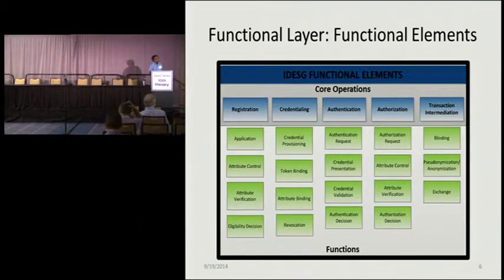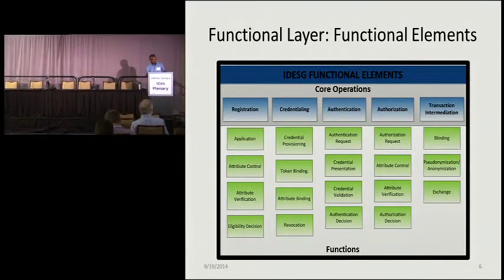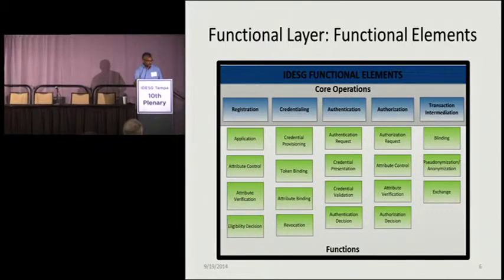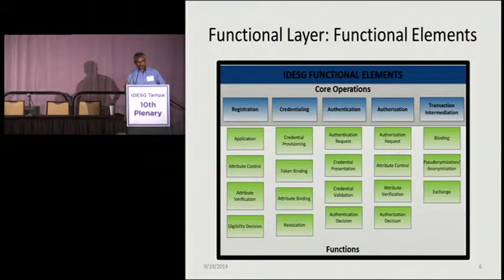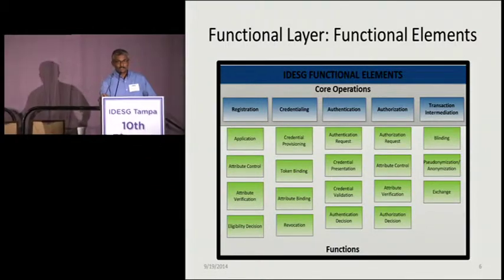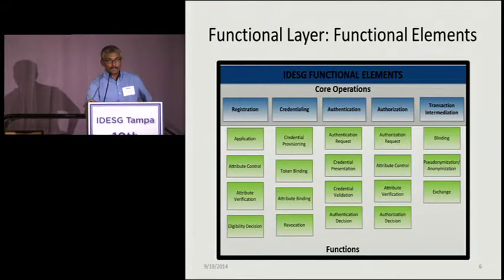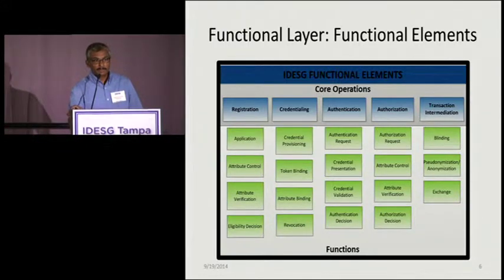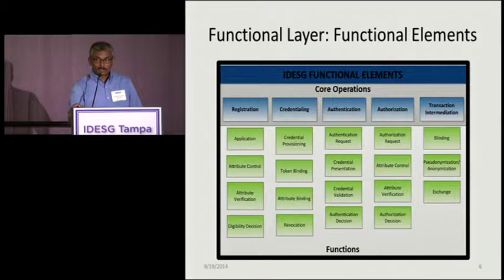Okay. Moving ahead. So what is shown here is that we identified the core functions, right? I mean, registration, authentication, authorization, and so on and so forth. These are a little abstract, a little high level. Probably there is a need to divide those into more granular functional elements, and that's what we have done.